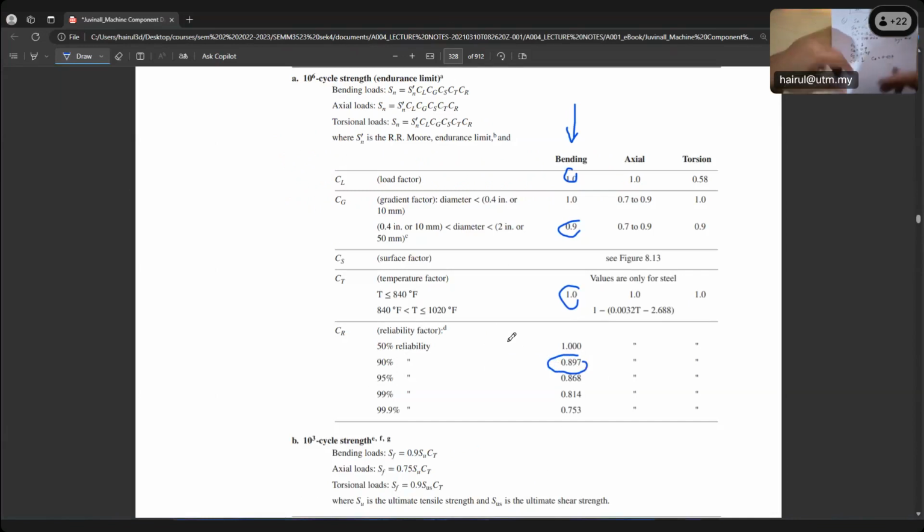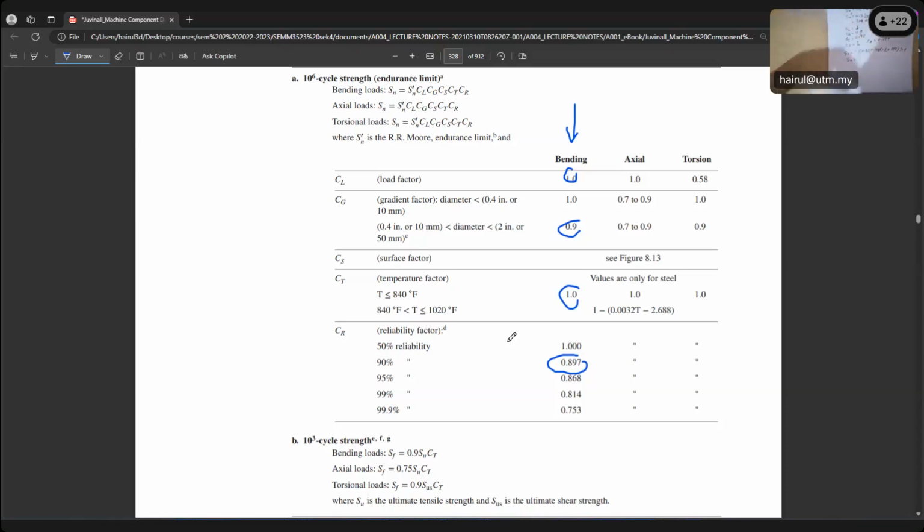So you can straight away calculate SN. You need to be clear, and in a test time is limited, so you need to be fast on this. I show you a little bit slow. So your SN is CL, CG is 0.9 times CS 0.78 times CT is 1 times CR 0.897 times your SN prime, which is 319. That will be your endurance limit.